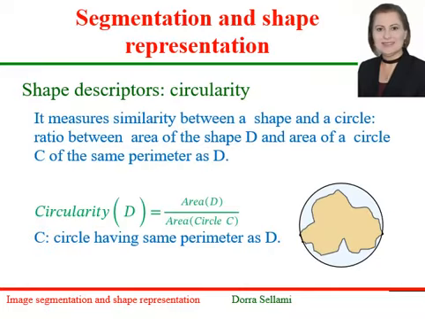Another shape descriptor is the circularity, which measures similarity between a shape and a circle by computing the ratio between area of the shape D and area of a circle of the same perimeter. It is illustrated in the figure and expression below.